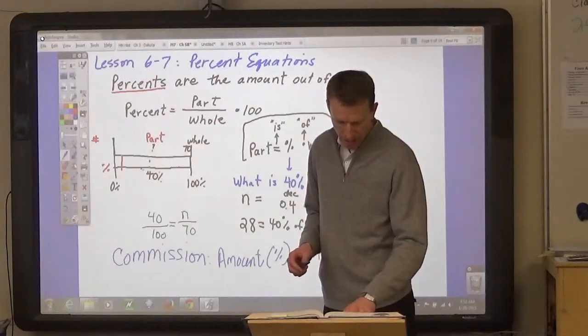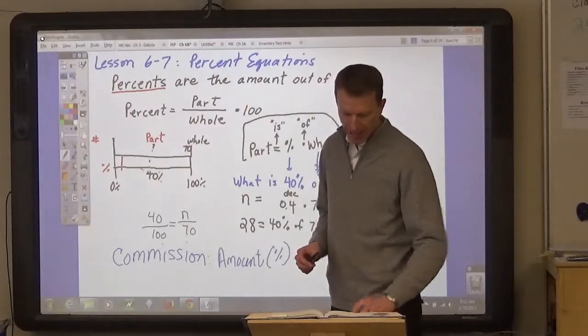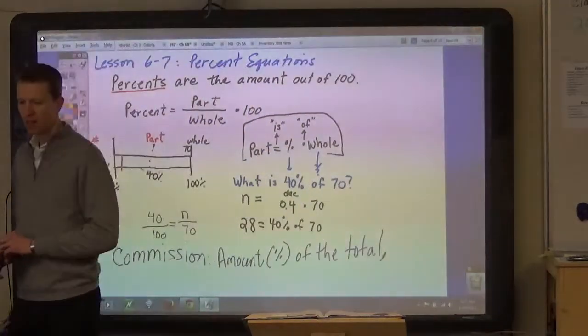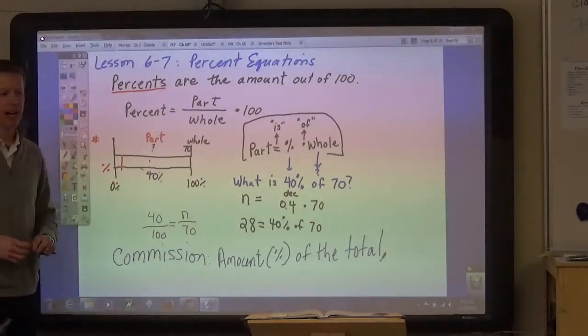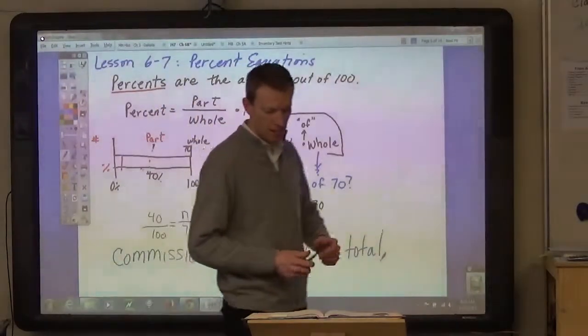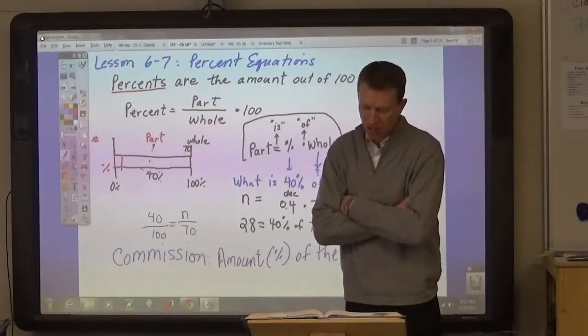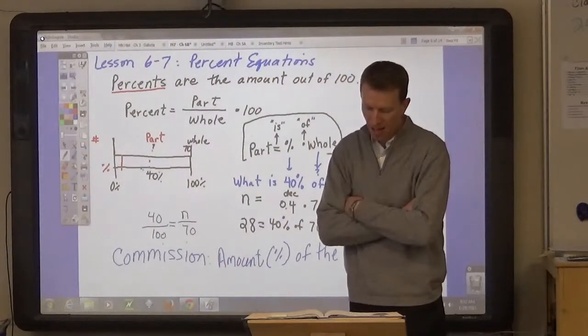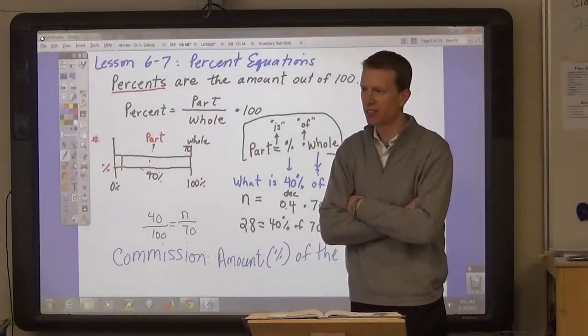So, let's start with number 18 on page 326. Page 326, number 18. It says, a sports agent makes 16% commission on an athlete's signing bonus.